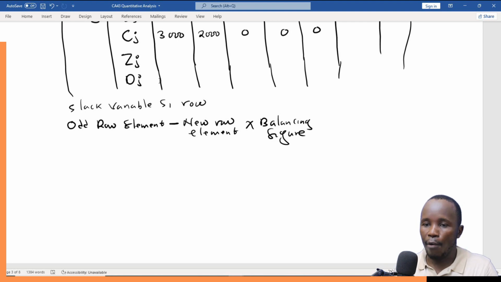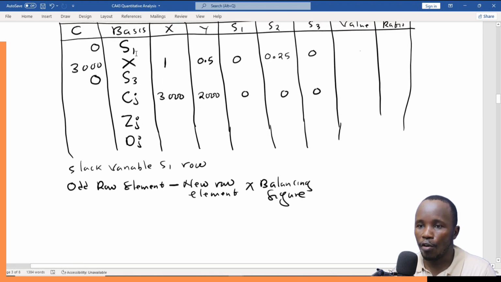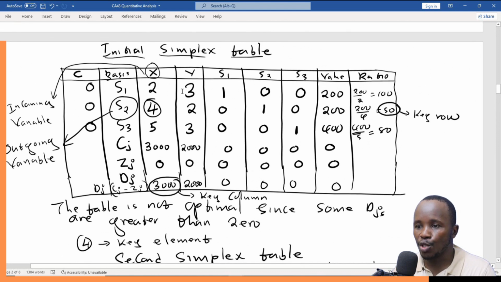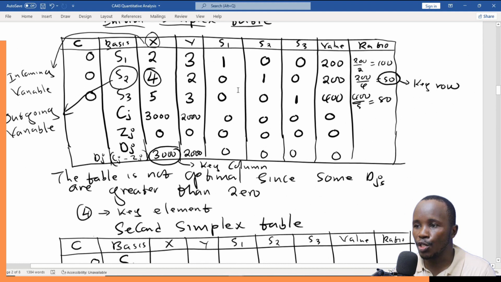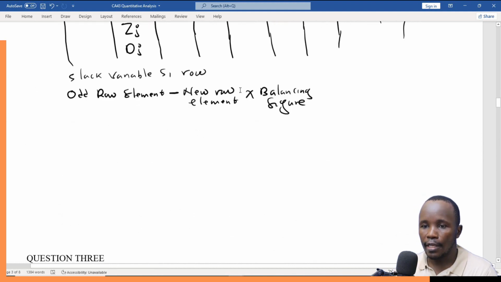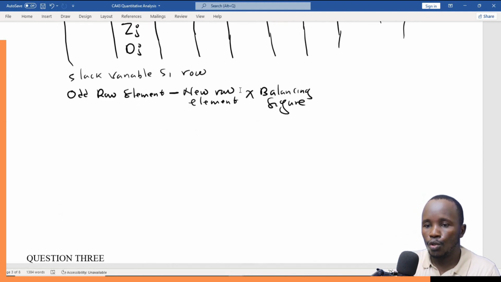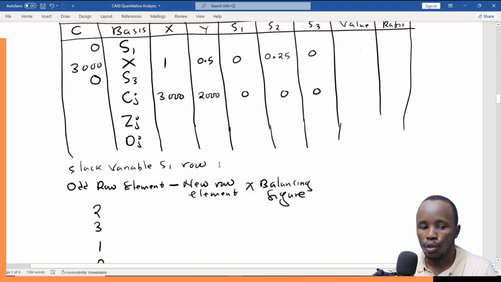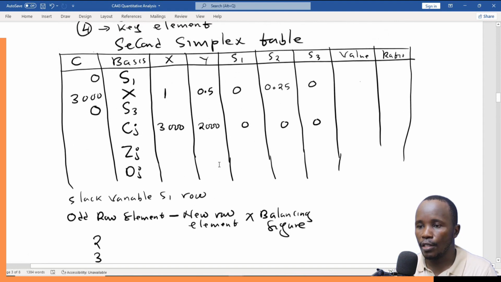Now, take note, I want to fill this row of S1. I go to the old row. Old row S1 is 23100. Those were the old elements' values.